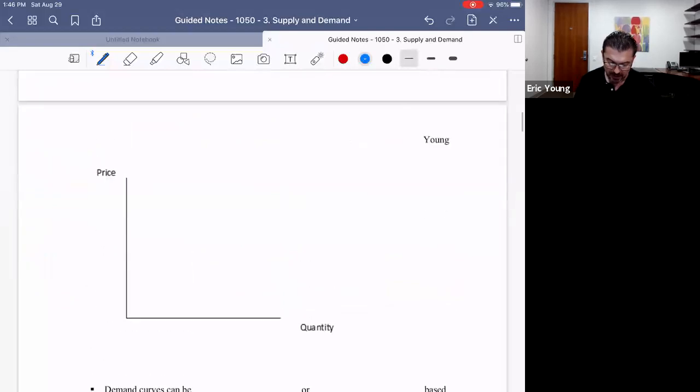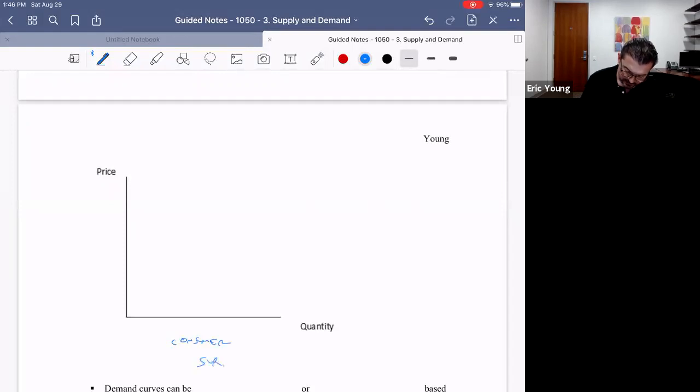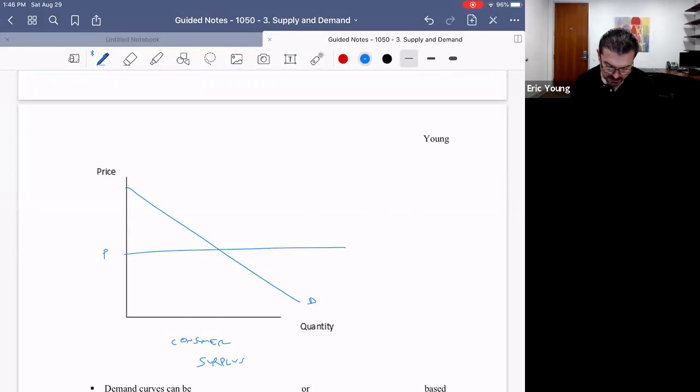I'll show you another one here. So let's say that we have consumer surplus. And we're going to start with the demand curve. And we'll start with the price. And we know that, let's make this fancy so I can impress you, the consumer surplus will be this area here. Nothing new. Let's say that prices fall.